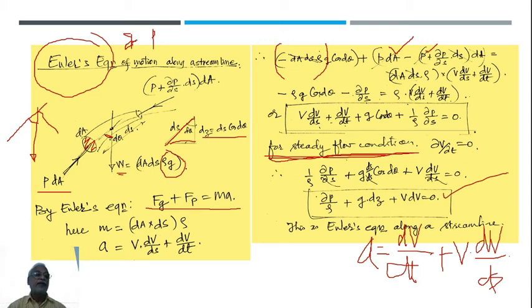So this PdA is added minus the weight component minus this pressure component. All that has been done here. So you can practice a couple of times. I think it will be easier for you. So this is Euler's equation of motion. Okay, it's a differential form of Euler's equation.